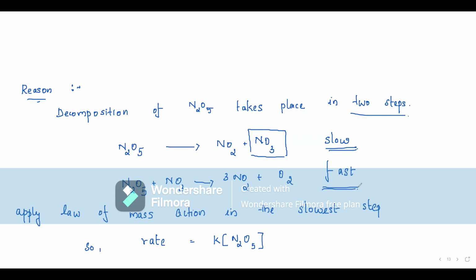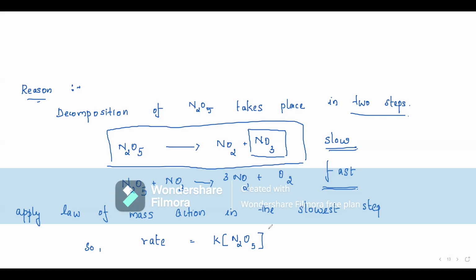The net rate of the reaction, the entire rate of the reaction, is determined by the slowest step of the reaction. The slowest step determines the speed of the net reaction. Now, apply the law of mass action in the slow step. When you apply it in the slow step, the rate is K into the concentration of N2O5.